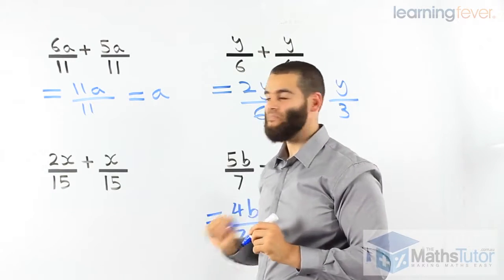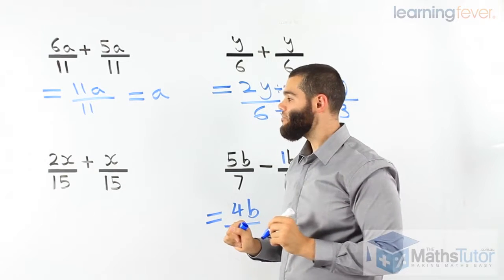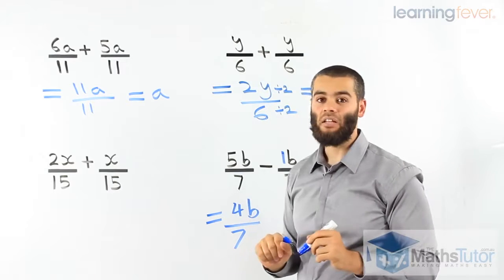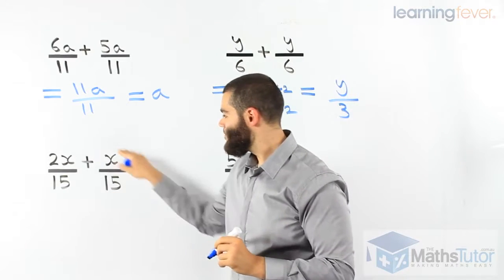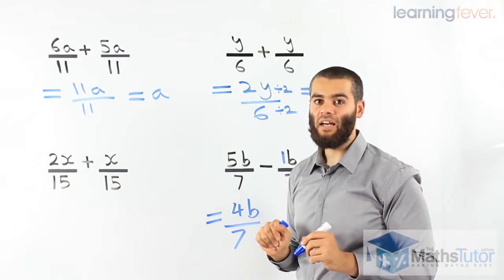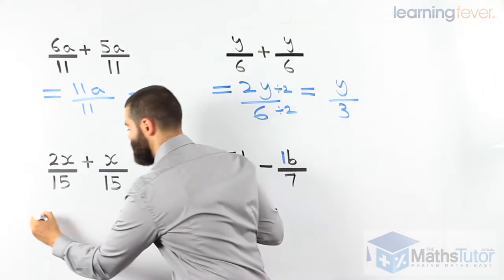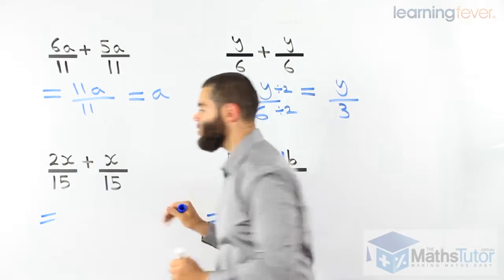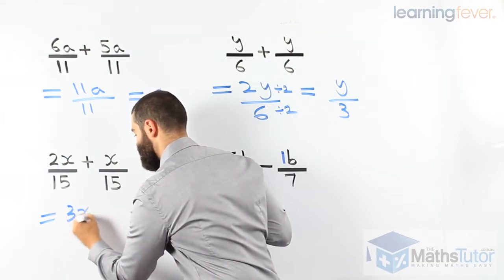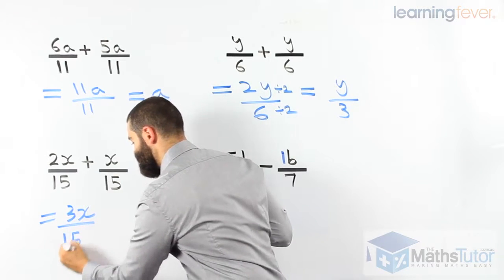It's that simple. Last one. 2x over 15 plus x over 15. Again, are they common denominators? Yes, they are. So we can simply add the numerators, simply add the top. 2x plus x is 3x over 15.